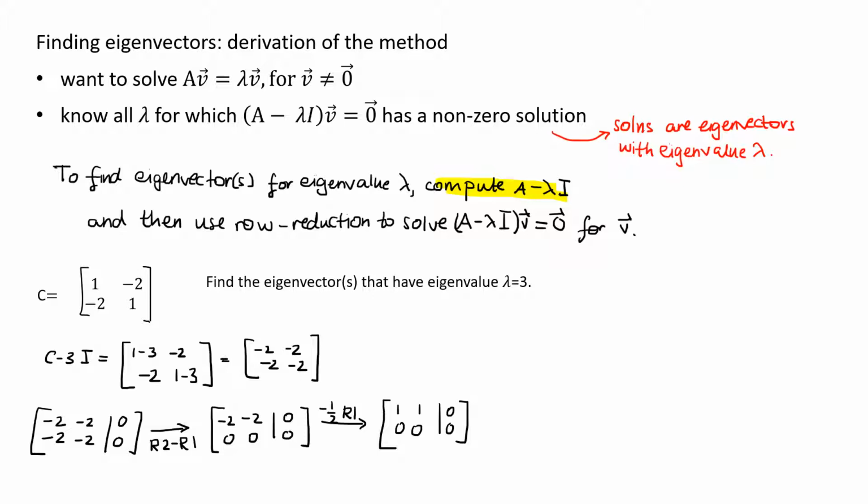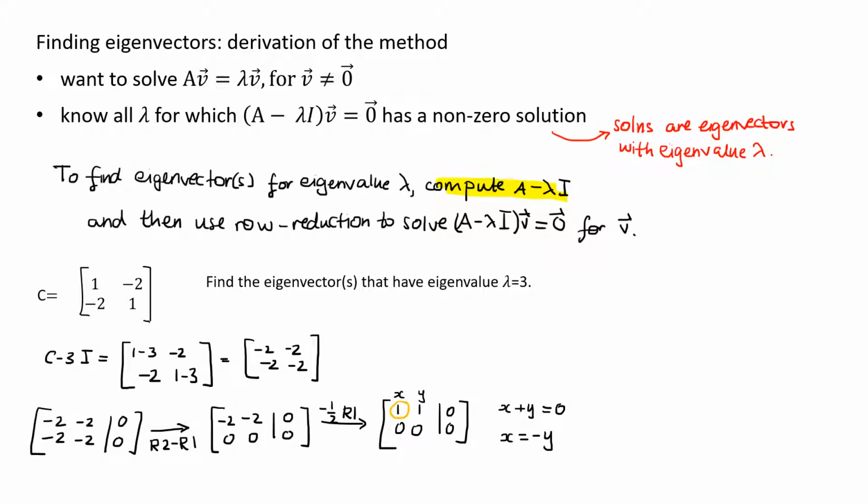And when I go to write down my solutions, if I have variables x and y, I get that x plus y equals 0. If I solve this, I get that x is equal to negative y. So I'm just rewriting my pivot variable in terms of my free variable.